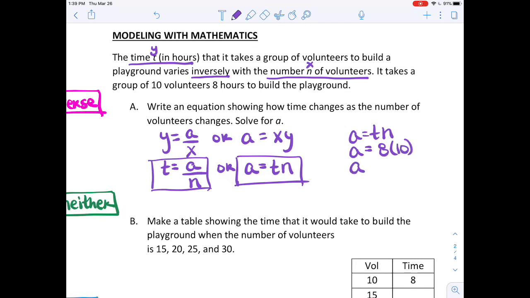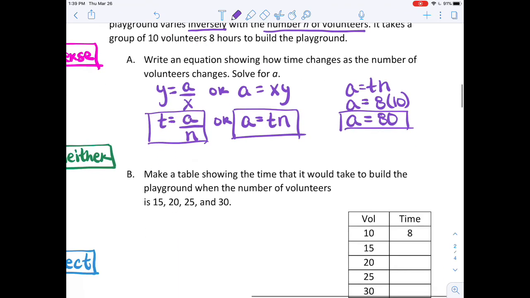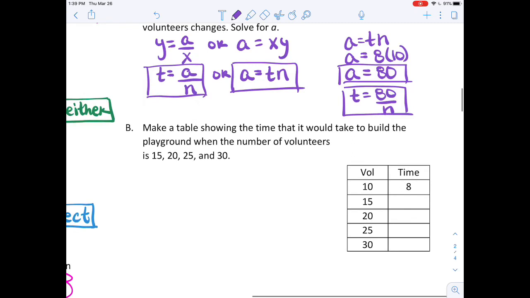So our coefficient of variation, a, is equal to 80. That's our constant. All right, so if we wanted to write our final equation, t is equal to 80 over n. Just like that.